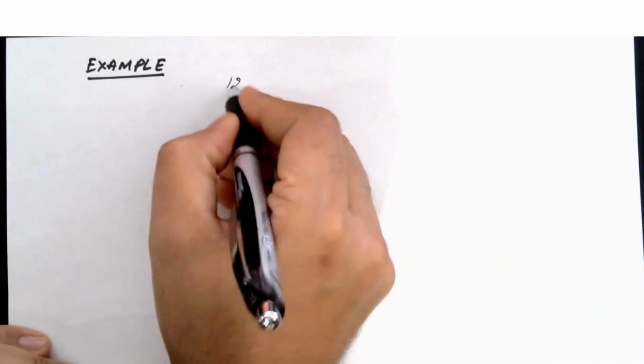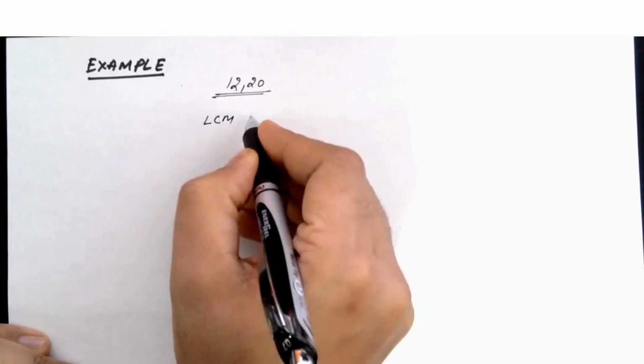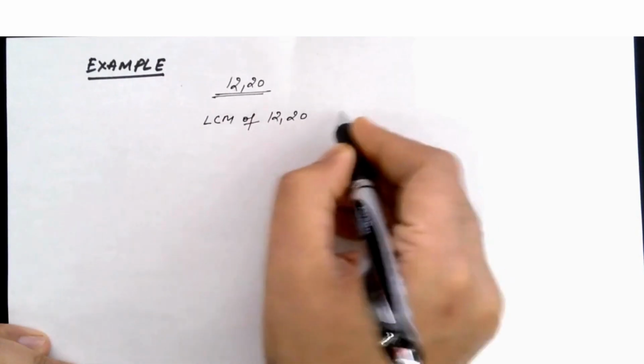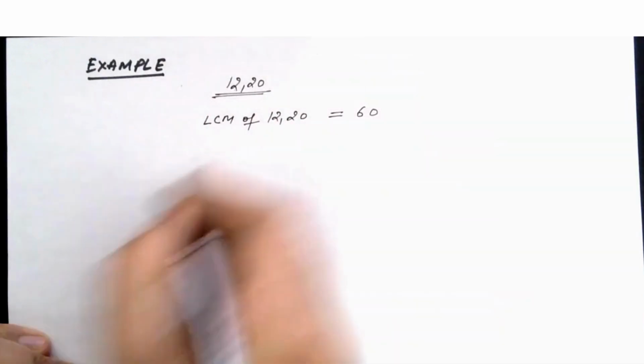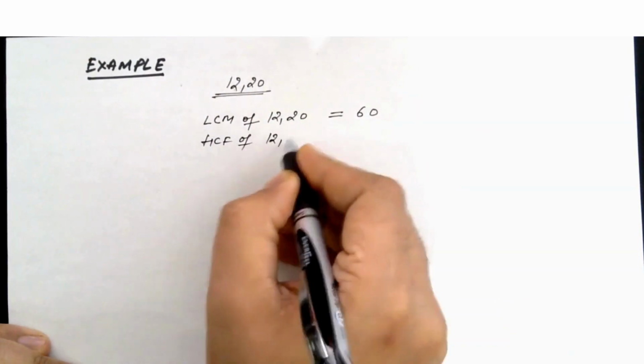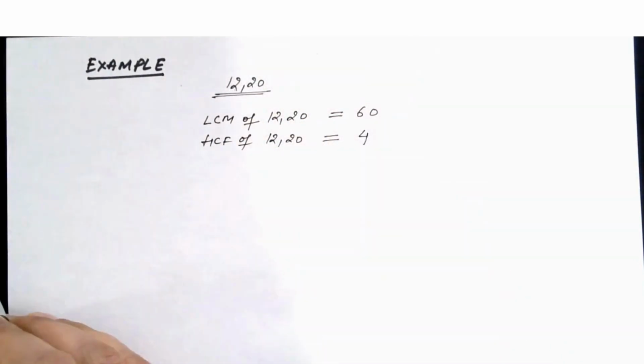So let's take another example. Let's take the example of 12 and 20. When we found in the other example, the LCM of 12 and 20 came out to be 60. The HCF of 12 and 20 came out to be 4.